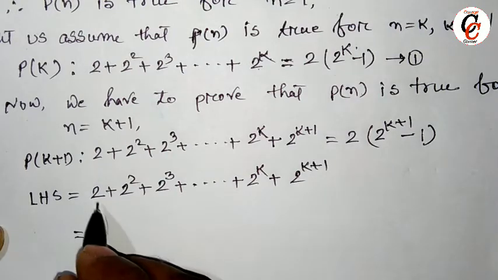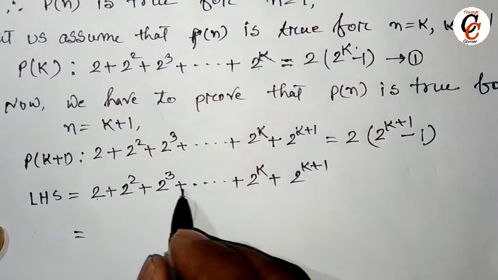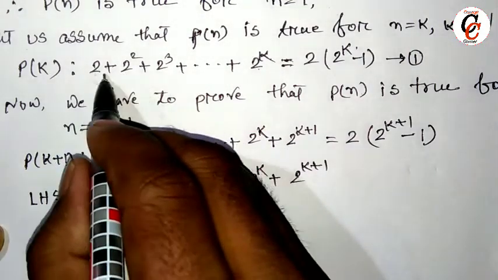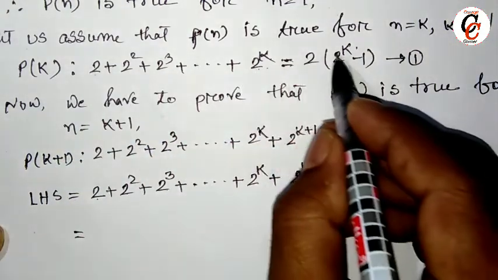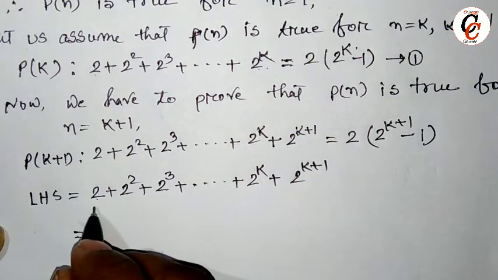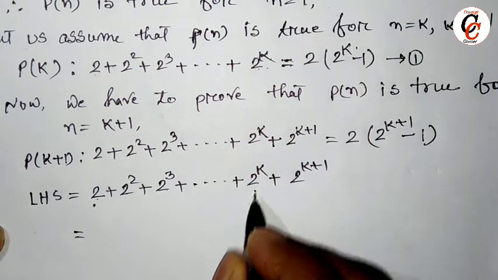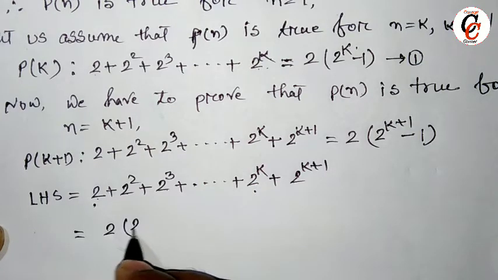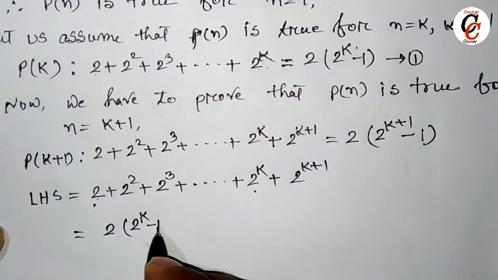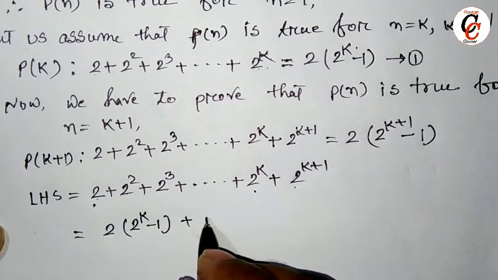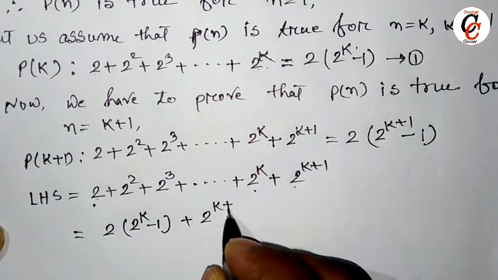Now 2 plus 2 square up to 2 to the power k is nothing but 2 into (2 to the power k minus 1). So from this point to this point we can write 2 into (2 to the power k minus 1), and only this term remains, plus 2 to the power k plus 1.